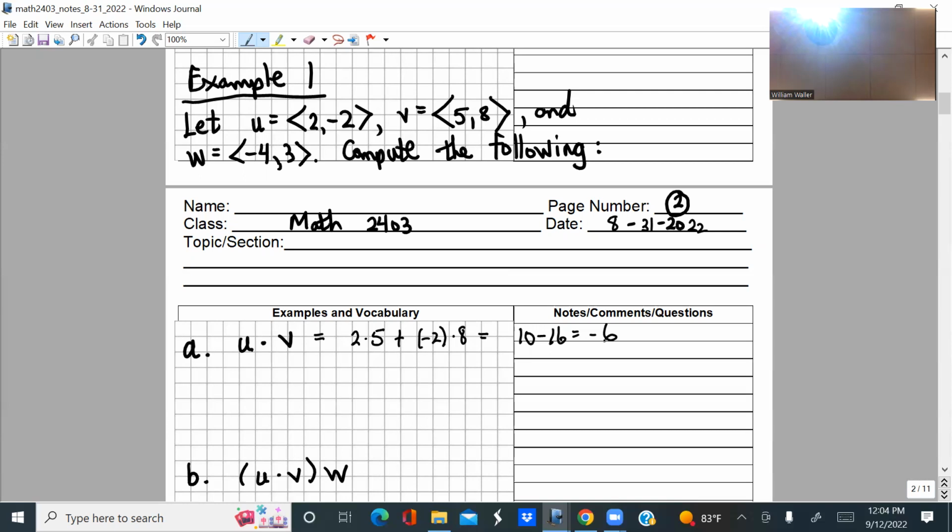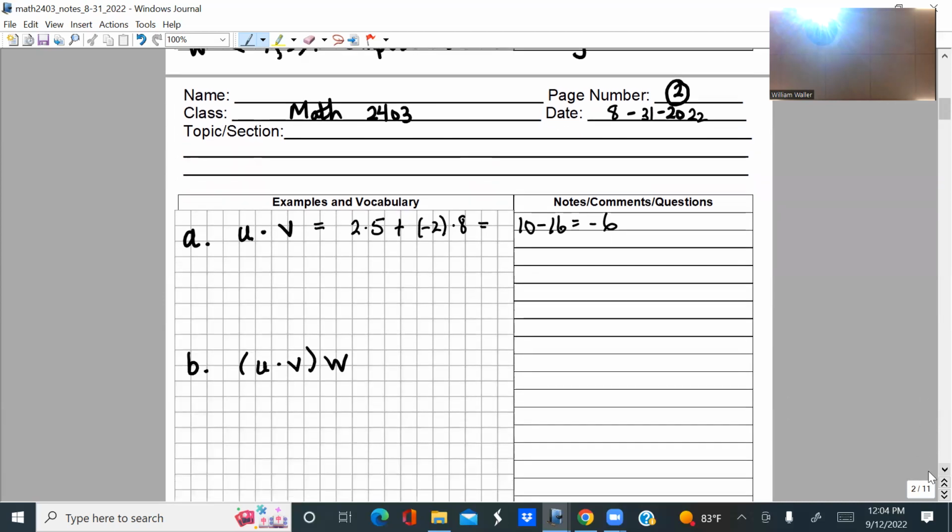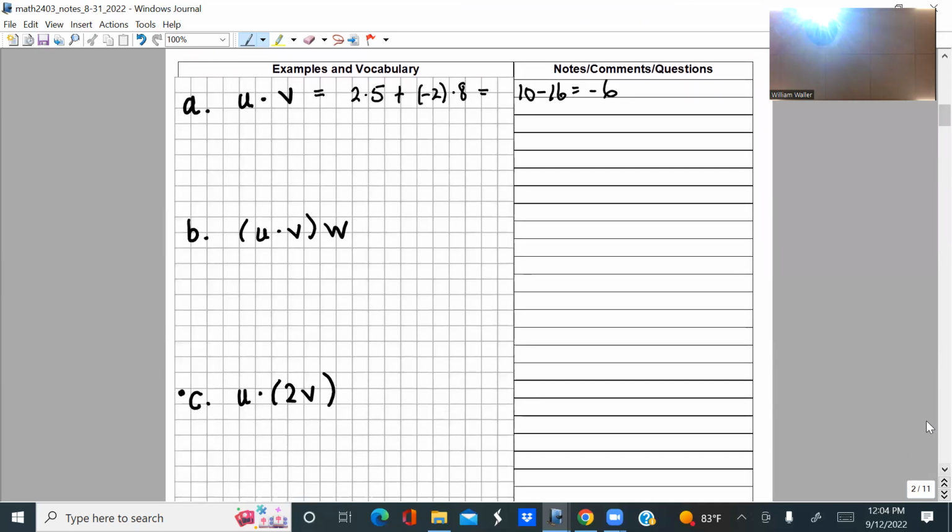What I was stressing last time at the end of class, so you probably forgot, is that when you compute the dot product of 2 vectors, you do not get a vector. The dot product of 2 vectors gives you a number. It gives you a scalar. So a vector dot a vector doesn't give you another vector. You have to keep that in mind when you've got expressions involving vectors and operations, and make sure the order of operations is correct.